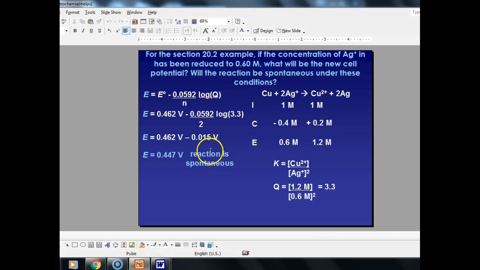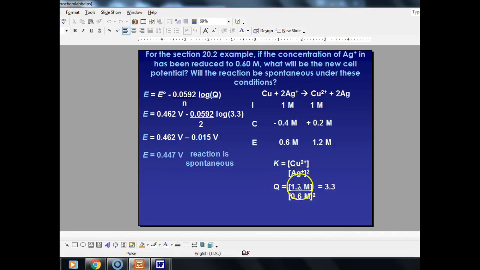So if we go back to the Nernst equation that we used in part 2, if we know what the potential was based on what we measured, and we know what the standard potential was, and we know how many electrons transferred, we can calculate what Q was. We also know what the half reaction is between zinc and silver.